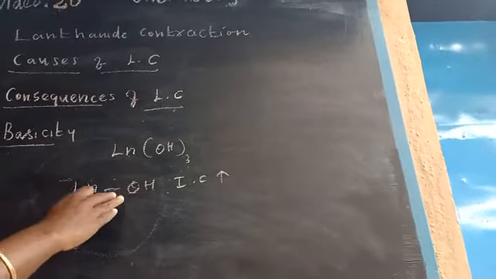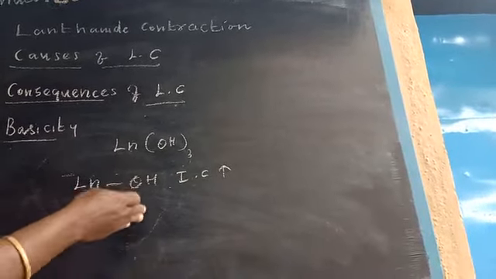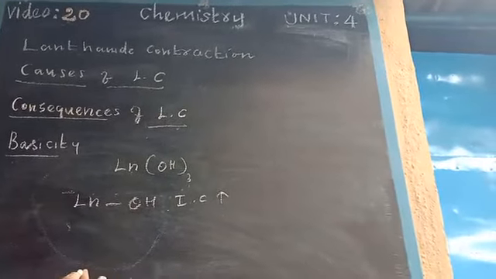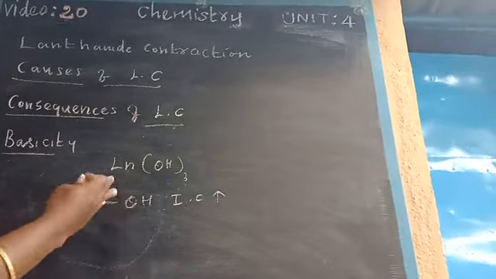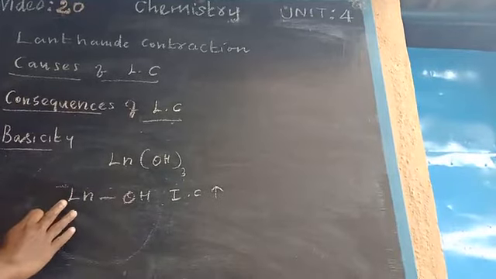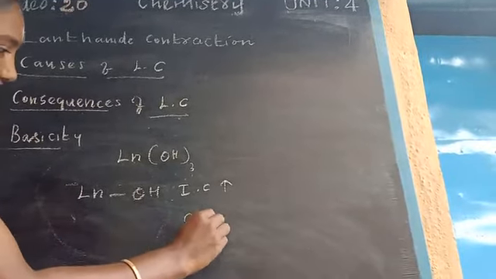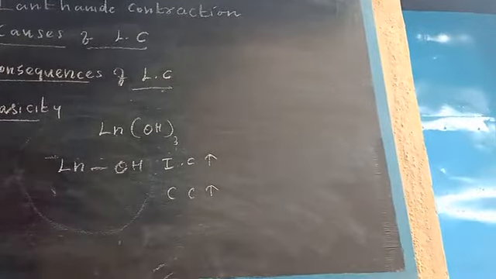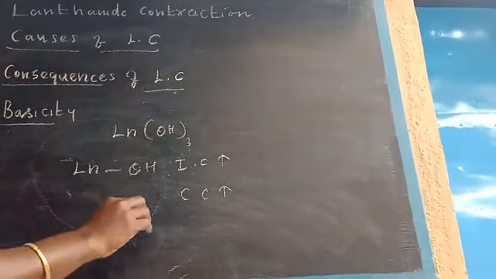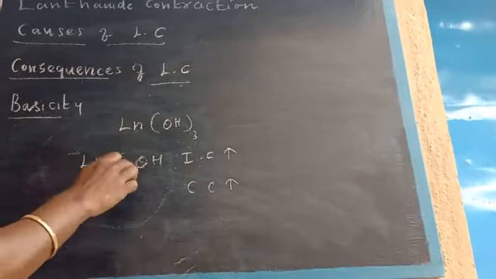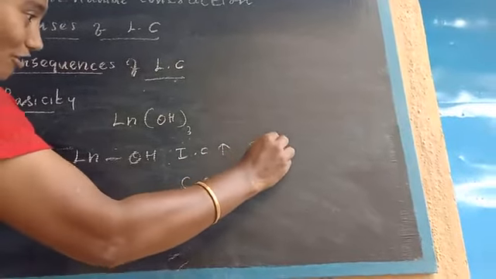If it is not possible to remove the OH, that denotes the covalent character is more. Children, OH is not removed from this Ln(OH)3, so the covalent character increases. That denotes a weak base, while the other one denotes a strong base.